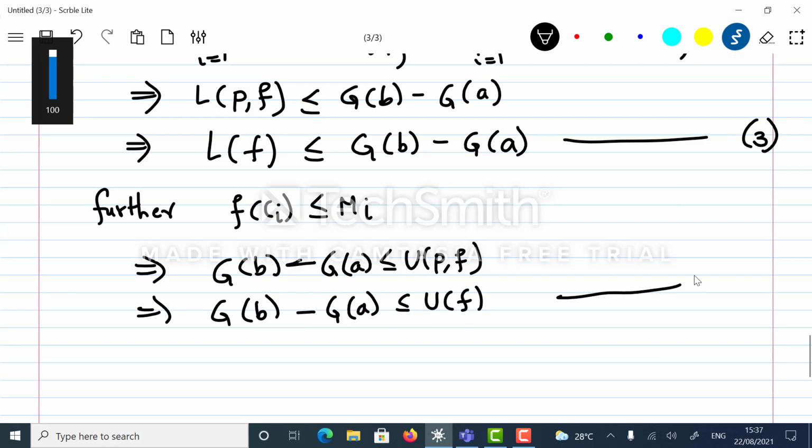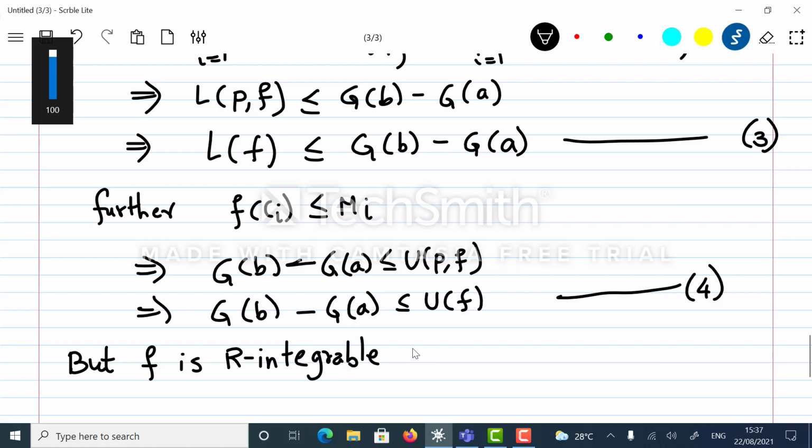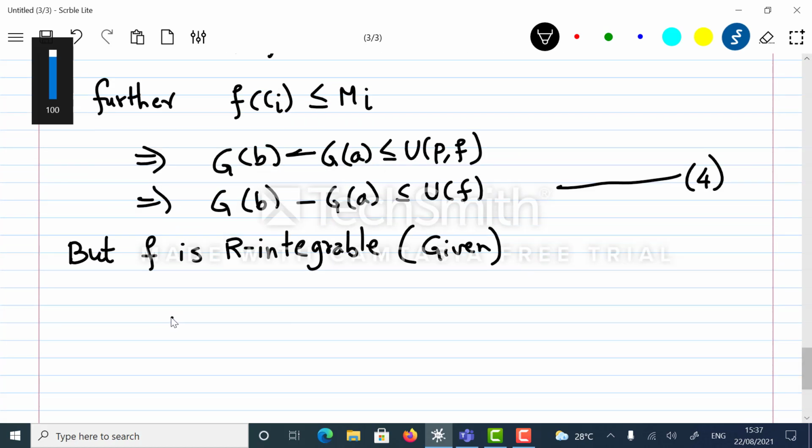Right, number 4. But f is Riemann integrable, it is given. That's a given part. So f is R integrable, what does this imply?